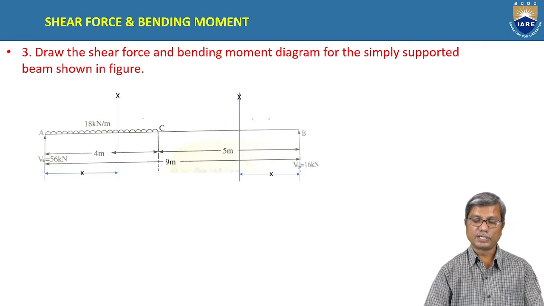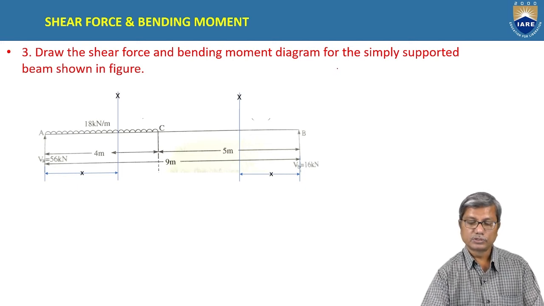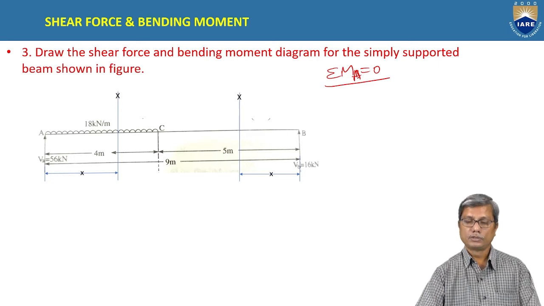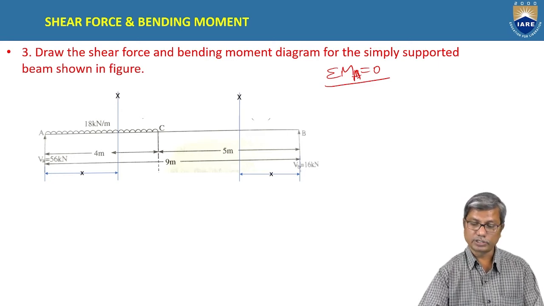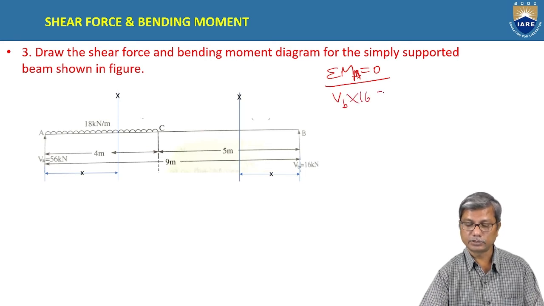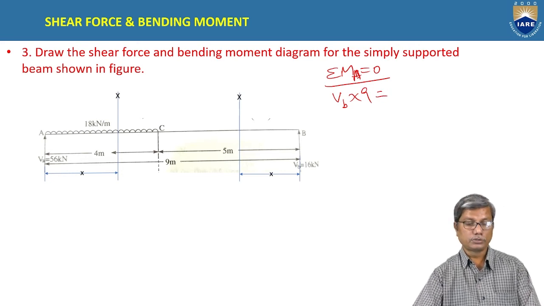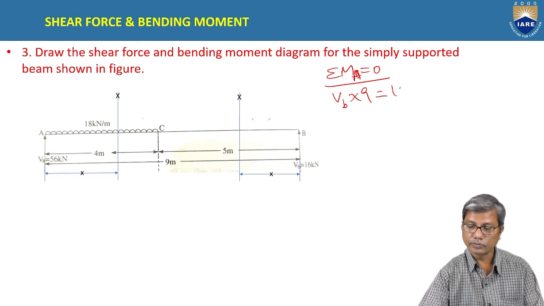So here we find the reactions again. For finding reactions, we apply the condition sigma MA equal to 0 or sigma MB equal to 0 to eliminate one of the unknown reactions. So VB into 9 is equal to, this is anticlockwise, and clockwise moment is due to loading, 18 into 4.